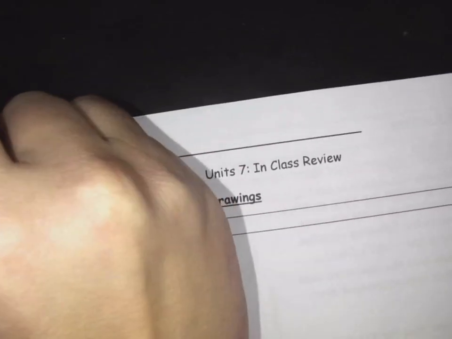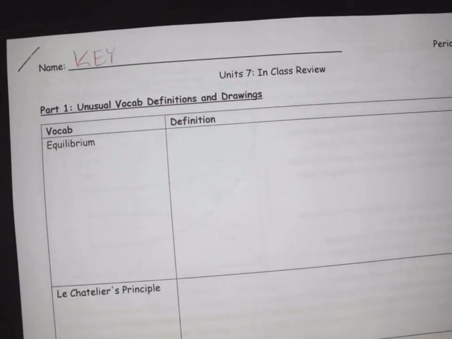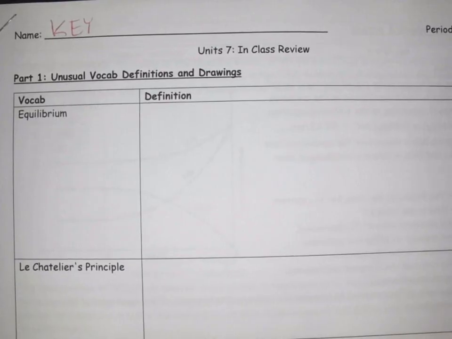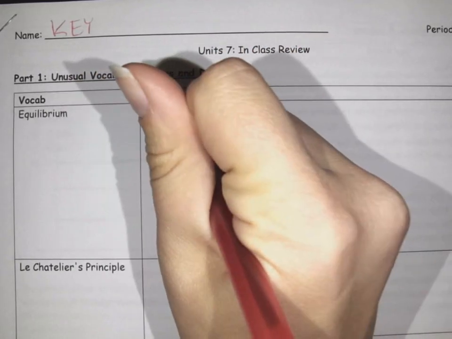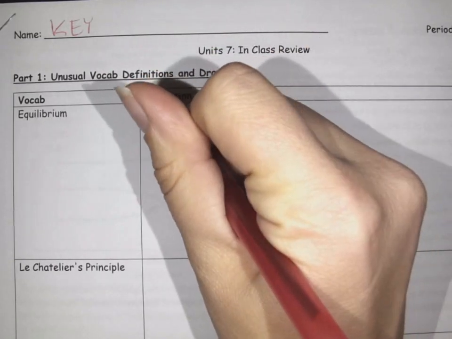Okay, so first thing, equilibrium. Just recognizing the criteria for equilibrium. Remember that it's only with reversible reactions, when we have reactants that turn into products, but then products that turn back into reactants.